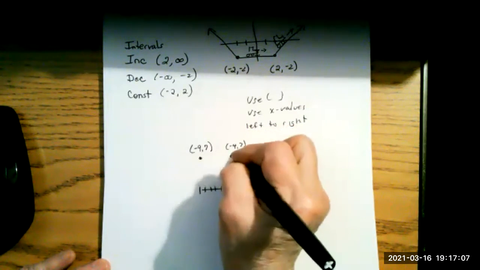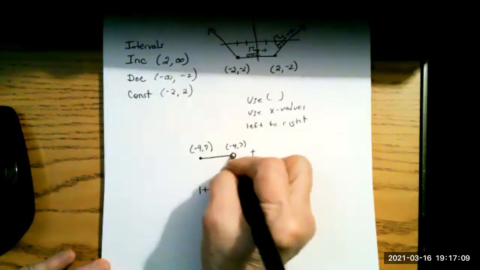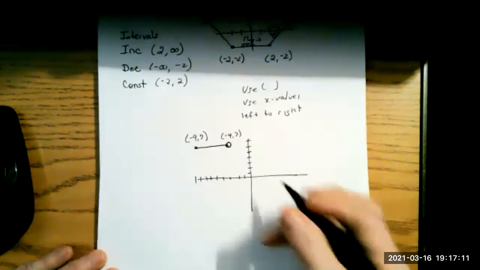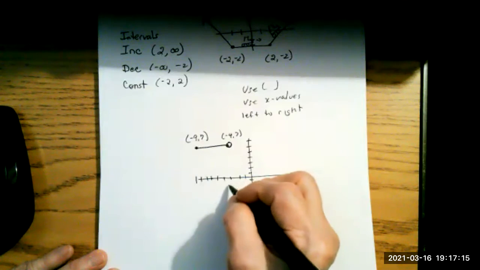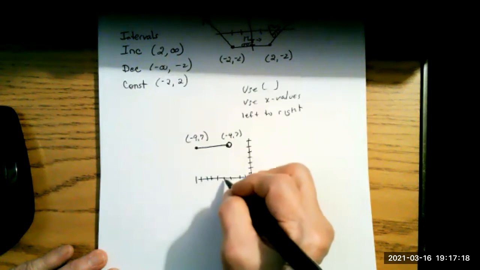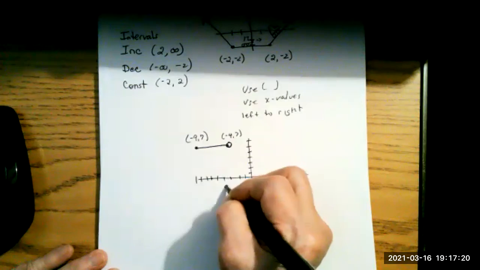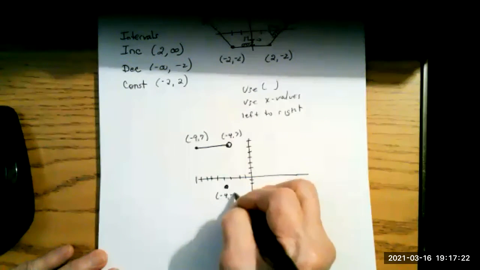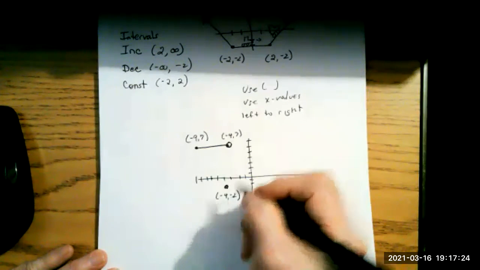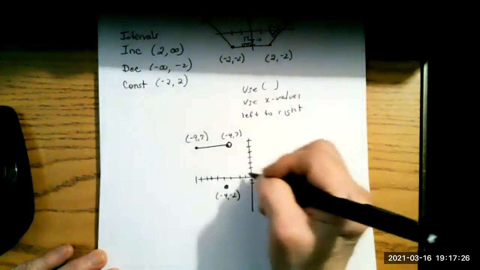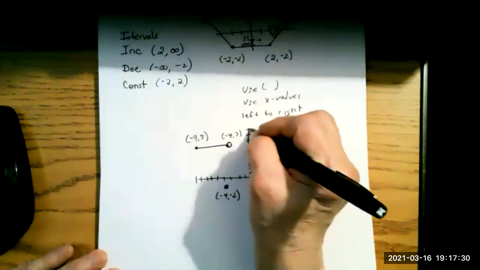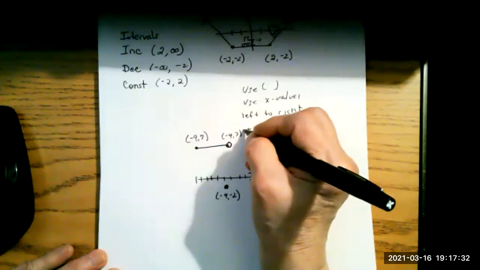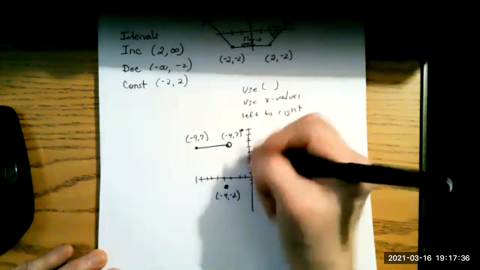And this is an open circle there. And negative 4, 2. Negative 2, 9.